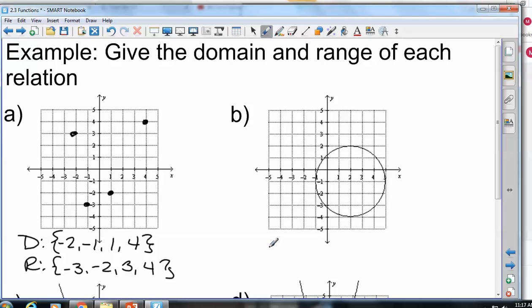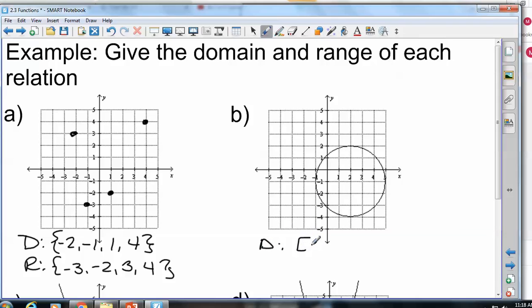Okay, B. Can I list out every x value this one hits? No. When we're thinking about domain, that's the x. So think about traveling along the x-axis. As I go from left to right, the first x value we hit is -1. And when does my graph stop? 5. And because it's a solid curve, we are hitting everything in between.